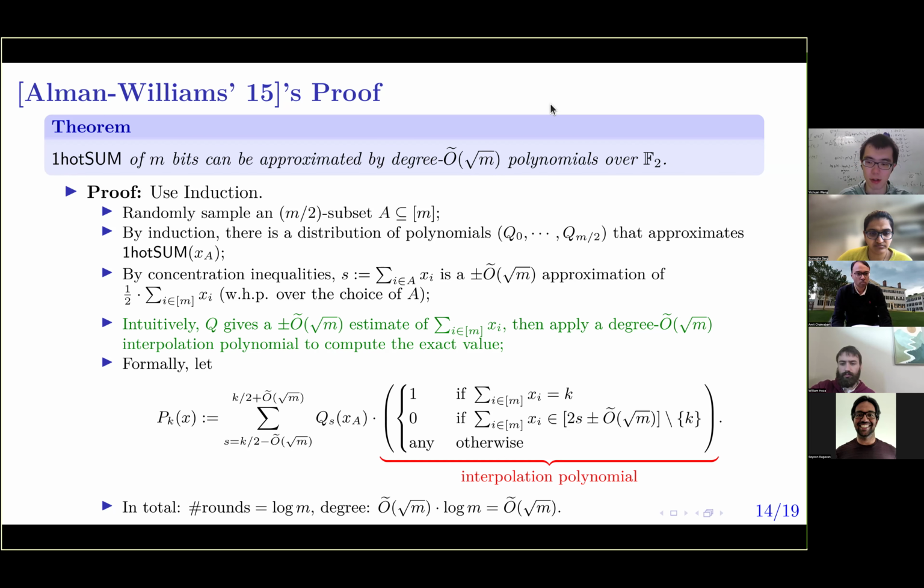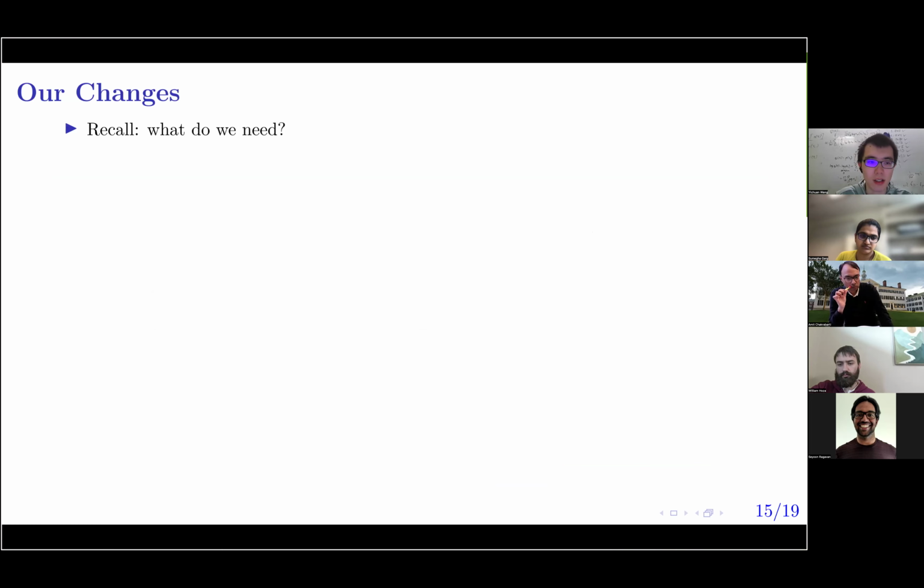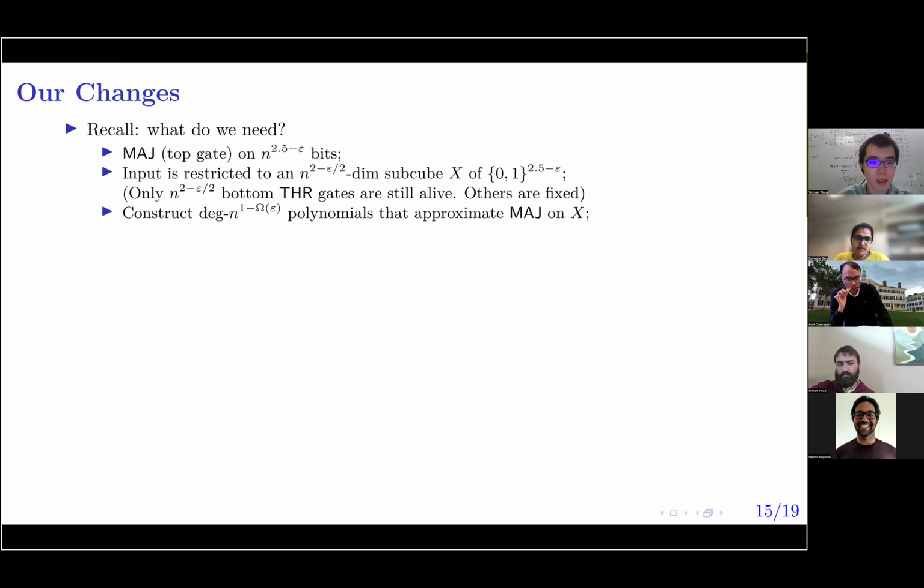And next we will show how we modify this proof in our setting, so we can get not so many different polynomials. Okay, so let's see our changes. Let me first remind you what are the things we need.